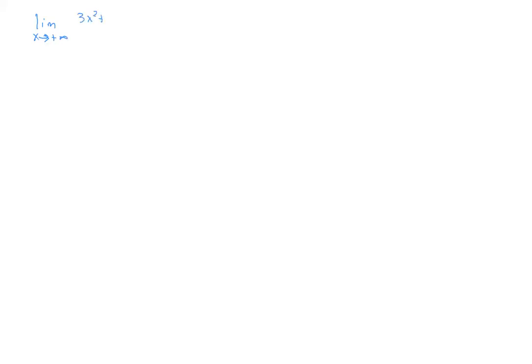And as our first example, let's take the limit as x tends to positive infinity of 3x squared plus x minus 1 over 5x squared plus 6. It's not hard to imagine what needs to be done here. We're going to work in exactly the same way as we did for limits of sequences.